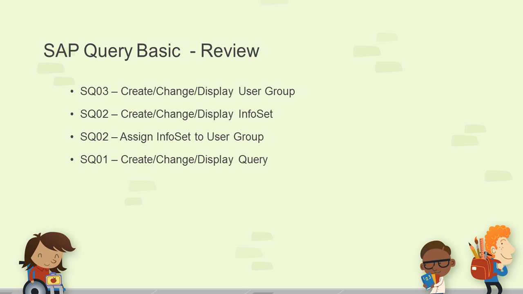So if we review the lesson from the previous lessons, this is the important transaction code that you use in the SAP Query. You need to create the user group first, and then you create the info set, and then you assign the info set to user group, and you create the query.